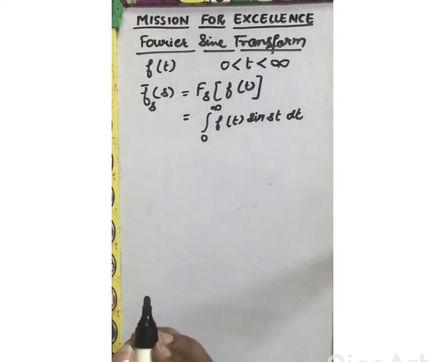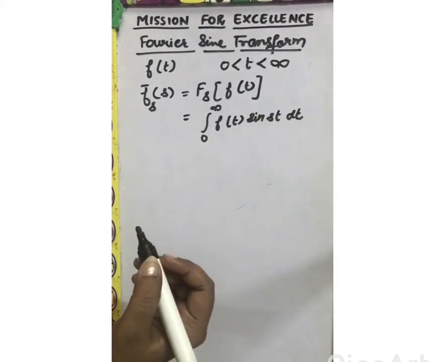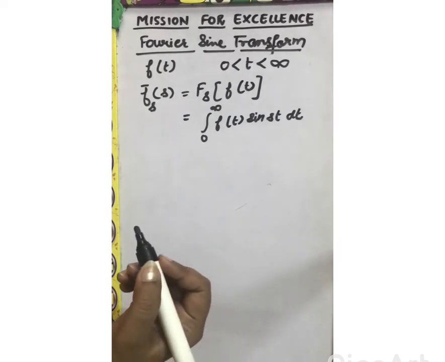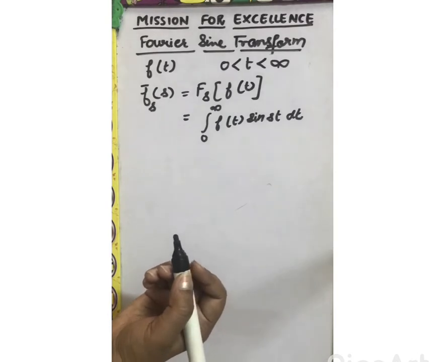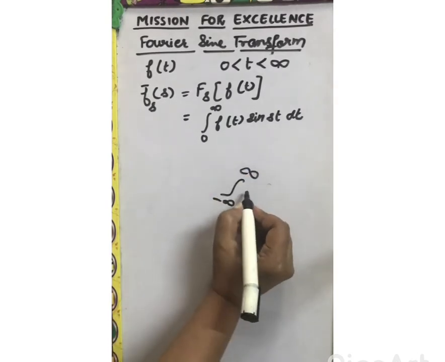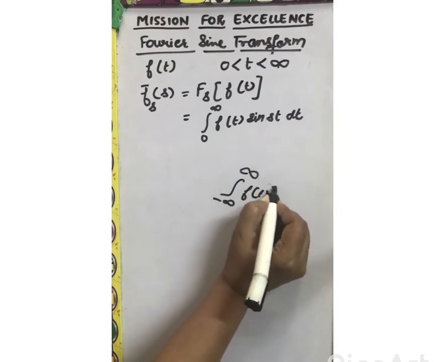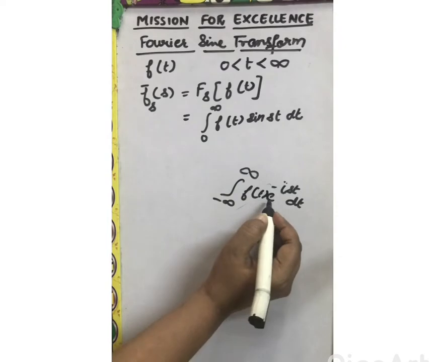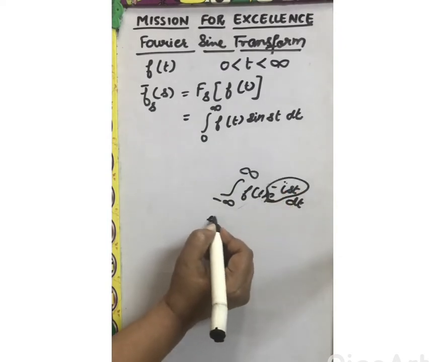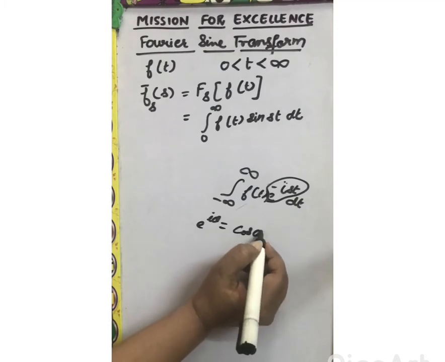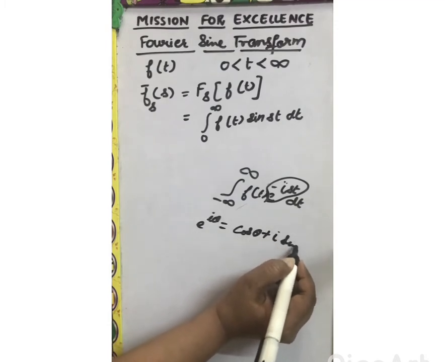As in the last video we did the Fourier transform, or you can say Fourier complex transform or Fourier infinite transform, in which we have taken minus infinity to infinity, f(t) e raised to power minus iota st dt. Now you know that e raised to power iota theta is equal to cos theta plus iota sin theta.